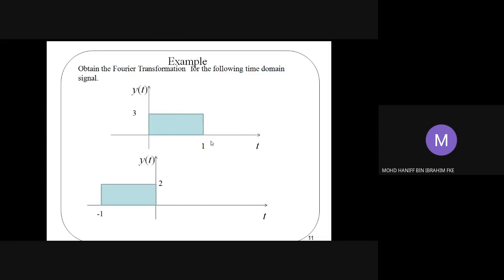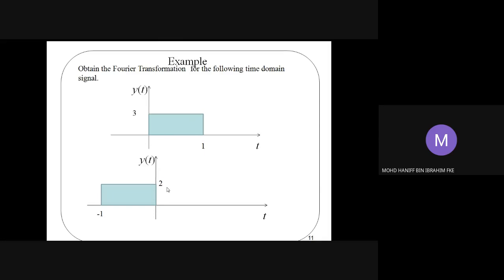If you base on this y(t), the original rectangular function has been shifted by half unit to the right and amplitude scaled by 3. And for the second example, the rectangular function has been shifted by half unit to the left and amplitude scaled by 2 units.